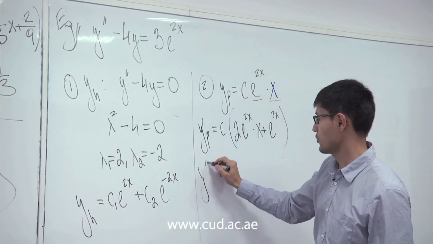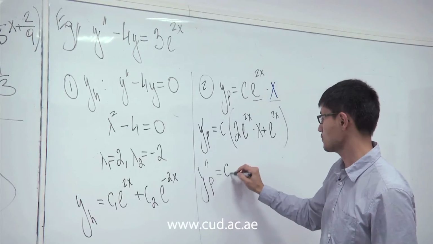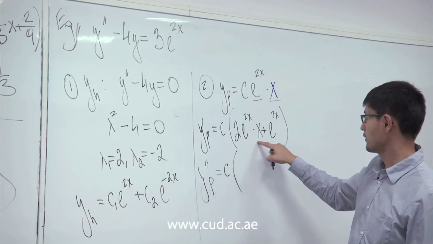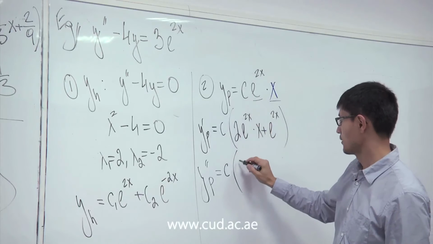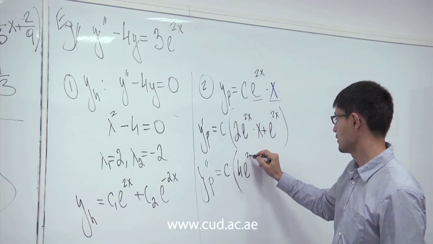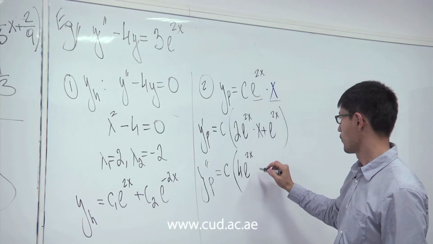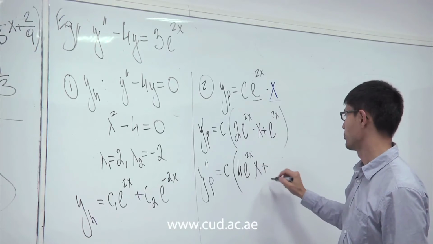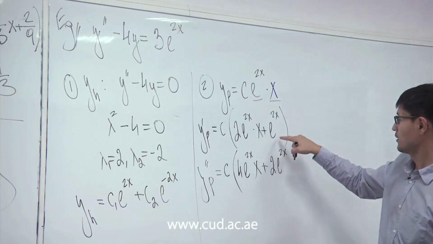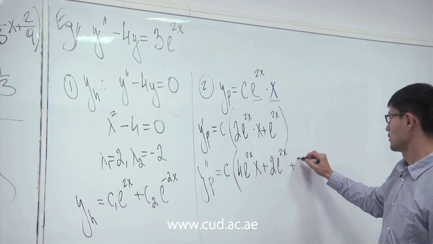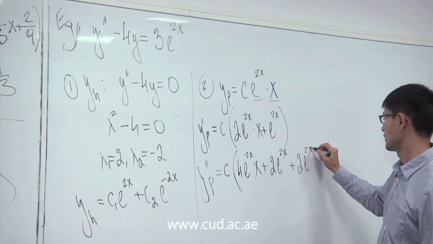And to take the second derivative, let's see, here I have to use the product rule again. So by the product rule I'll get 4 e to the 2x times x plus 2 e to the 2x, and then this guy will give me 2 e to the 2x.